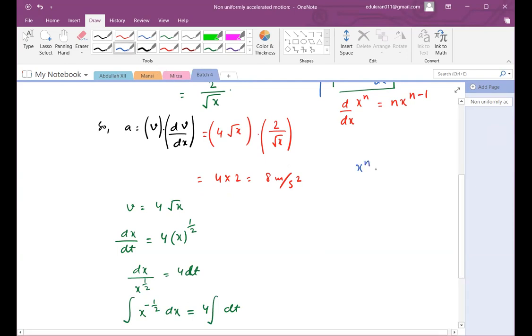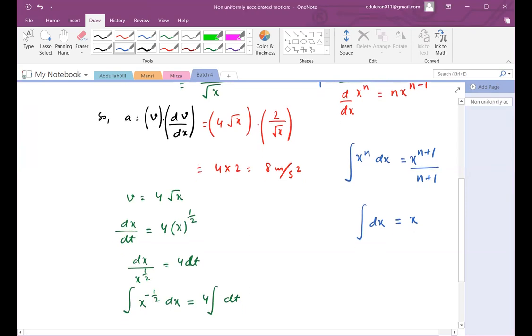If you have x raised to n times dx, on integration it will be x raised to n plus 1 divided by n plus 1. Similarly, if you have only dx, on integrating it will give you just x. Apply these two rules in this expression, and you'll get the answer for displacement. Minashi, any doubt? No, sir. Okay, try to solve.